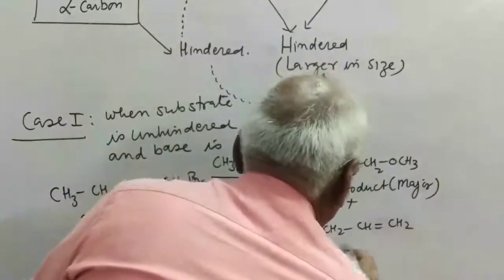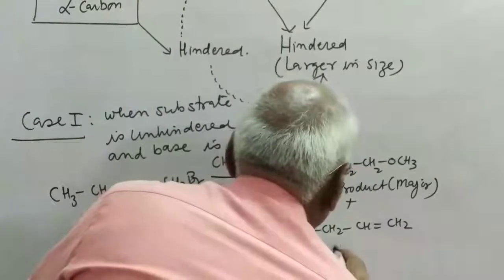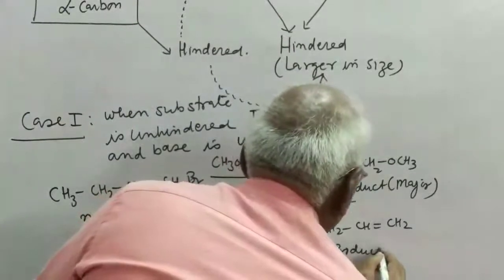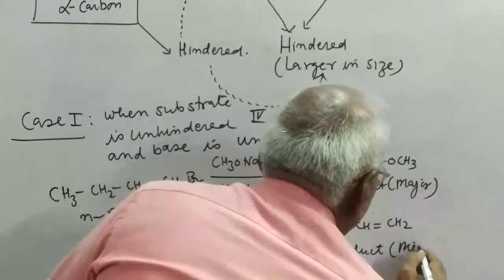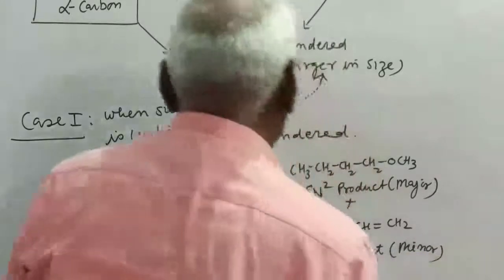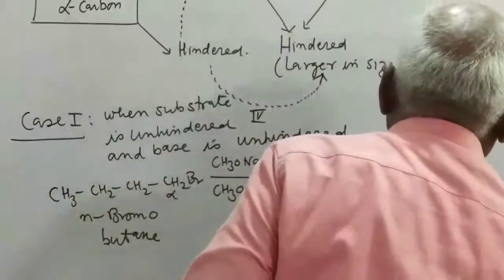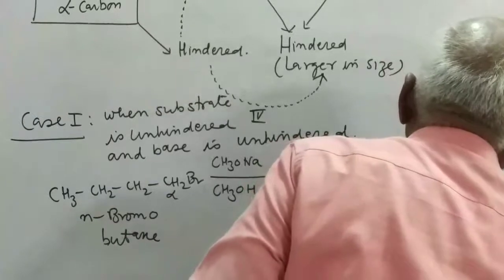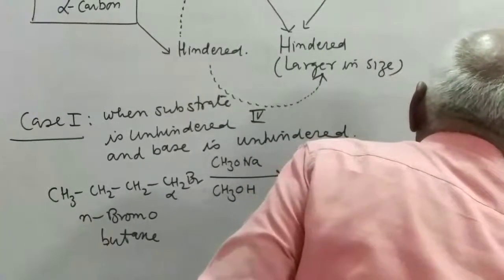This is the E2 product. This is the minor product. Byproduct is NaBr plus methyl alcohol.